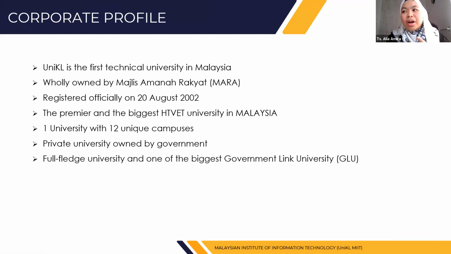For example, we have Royal Medical College, we have Malaysian France Institute, we have Malaysian Spanish Institute, which is more towards submarine, marine things. All right, and UniKL is also a private university which is owned by the government. We are a full-fledged university and one of the biggest government-linked universities.